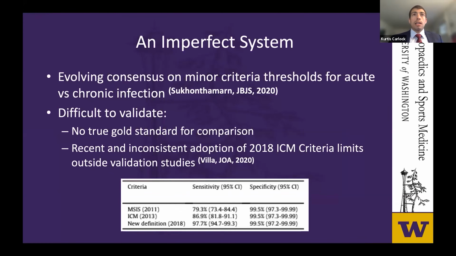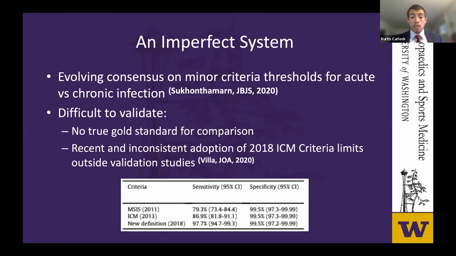I think the most important thing to remember when we're dealing with any of these diagnostic tools for PJI, whether they be these overarching criteria or individual tools themselves, is that we do not have a true gold standard tool for PJI diagnosis against which we can compare. So in these patients who may have more indolent, difficult to diagnose infections, ultimately we may never know if they truly were infected. So when we are trying to validate these tools, we often end up comparing them in some ways to themselves.